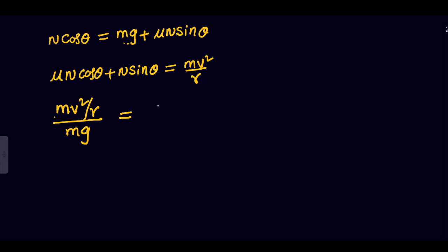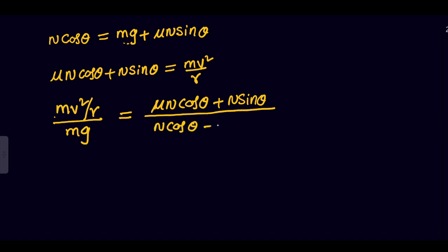So mv squared by R means we have mu N into cos theta plus N sin theta, divided by N cos theta minus mu N into sin theta. Then N will get cancelled.